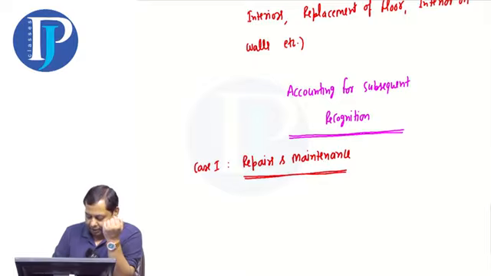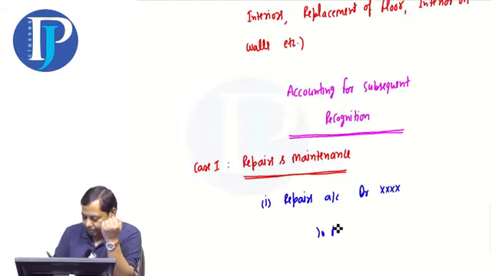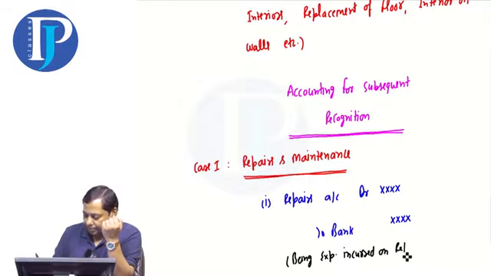So what entry will we pass here? First entry, the repairs account debit to bank. We will write being in this, expenses incurred on repairs.